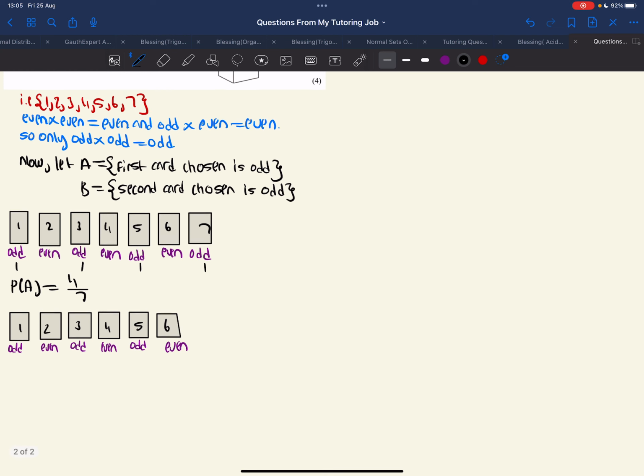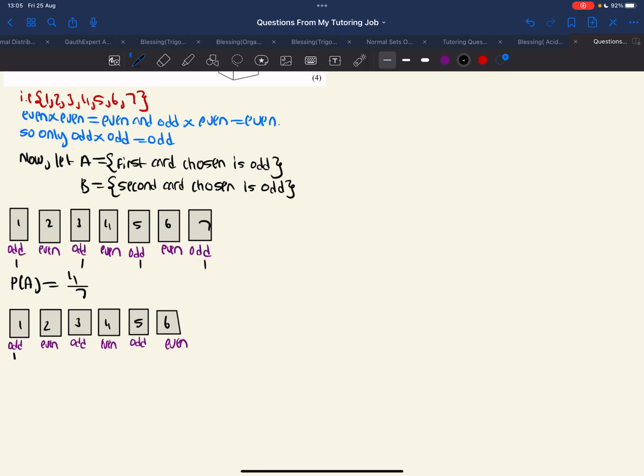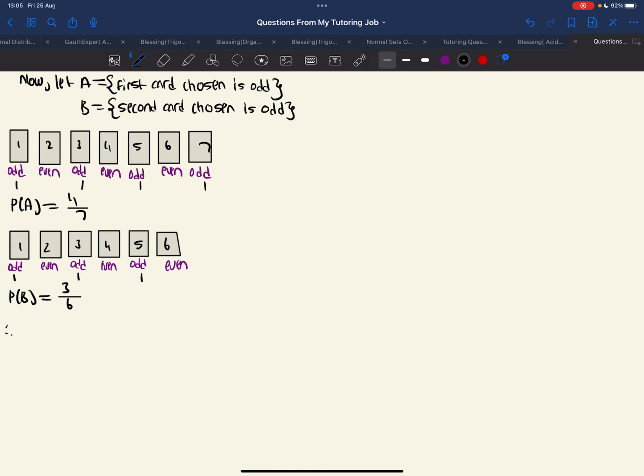Now what I want you to check, can you see that we have 1, 2, 3? So in this case we only have 3 cards that are going to be odd. So P(B) is going to be 3 over 6 because the total cards are now 6. All right, now therefore the probability of an odd product will be P(A) multiplied by P(B).